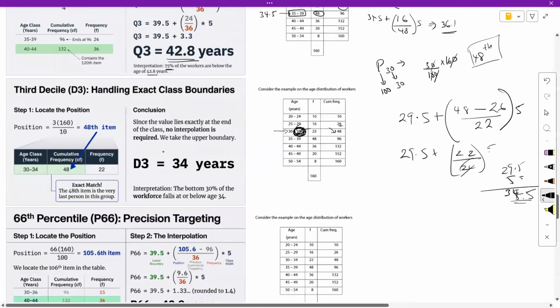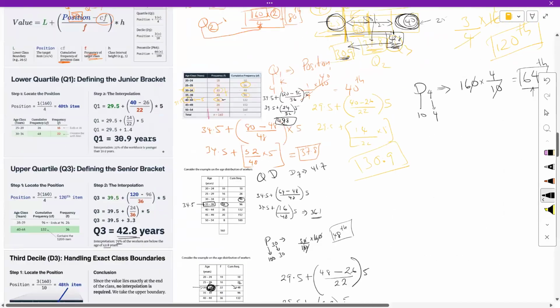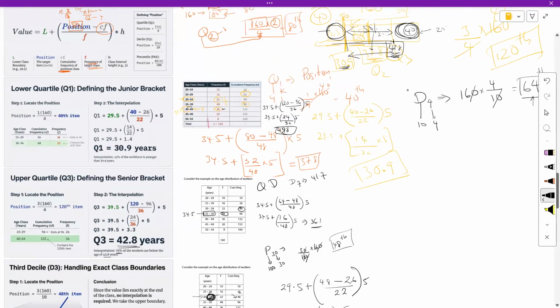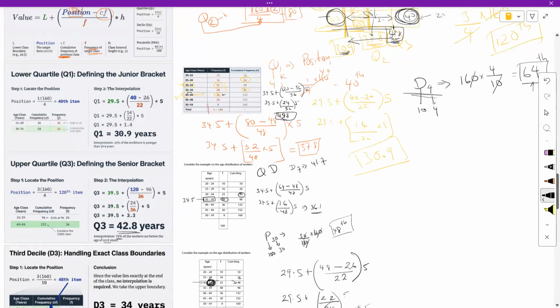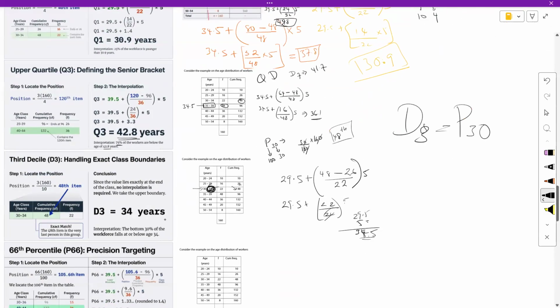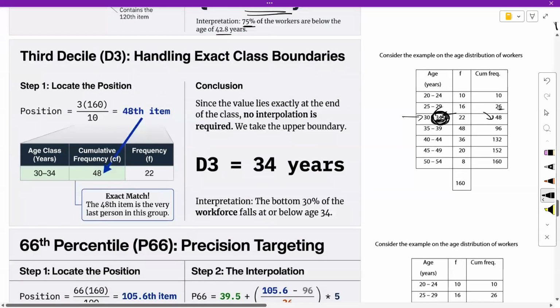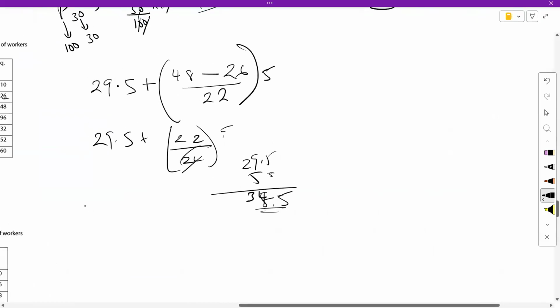Here D3 is also the same. We calculated D4. D3 equals P30. You can see this: the 48th item. Right? P66. Calculate P66.